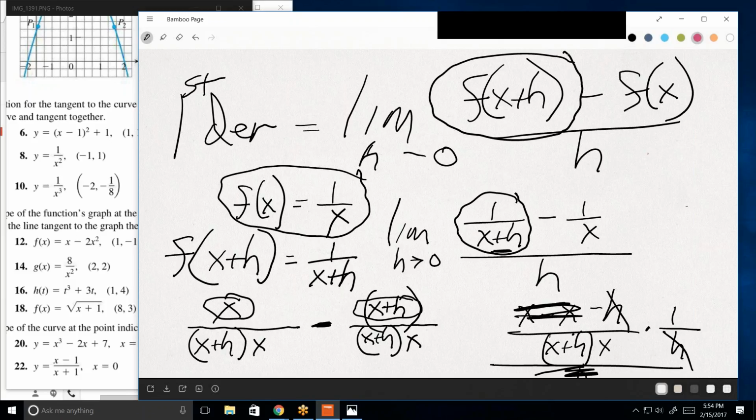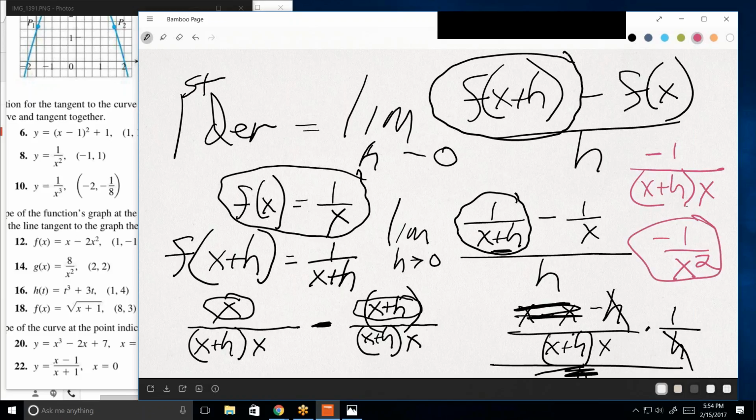I've got minus 1 all over x plus h times x. Correct? Yes. What's the limit of that as h goes to 0? Minus 1 over x squared. That's the derivative of 1 over x.